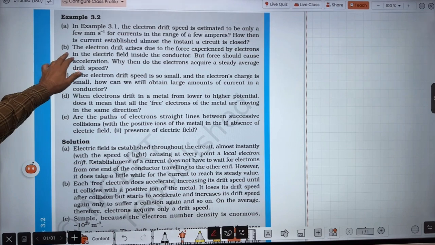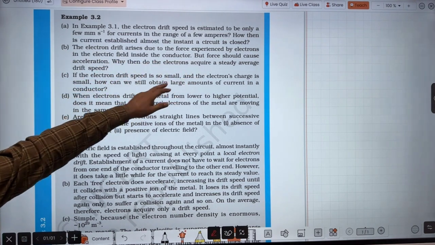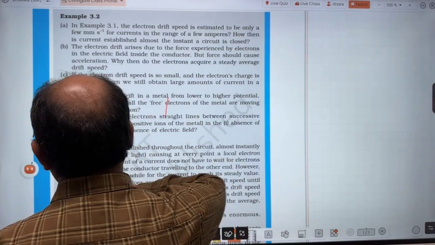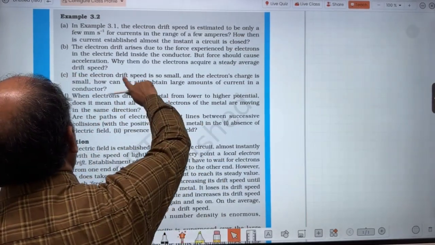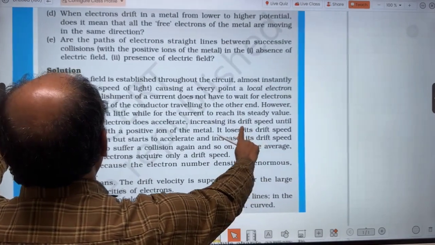Then the next question is, the electron drift arises due to the force experienced by electrons in the electric field inside the conductor. But force should cause acceleration. Why then do the electrons acquire a steady average drift speed? So this is obvious. Let's see the reason here.